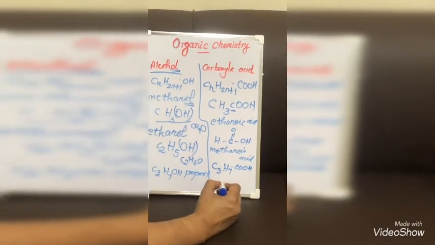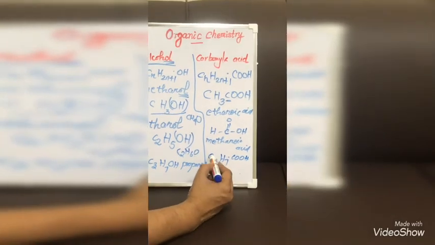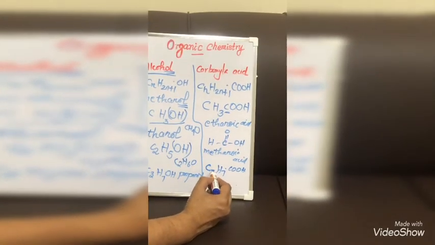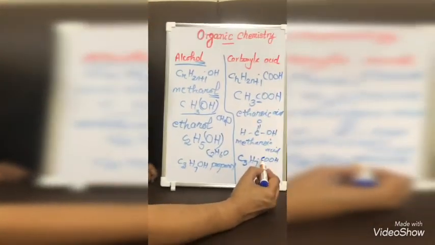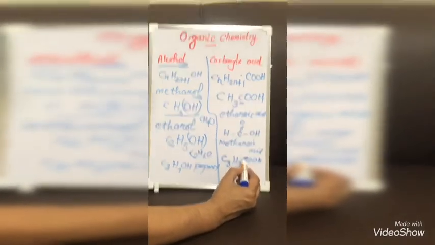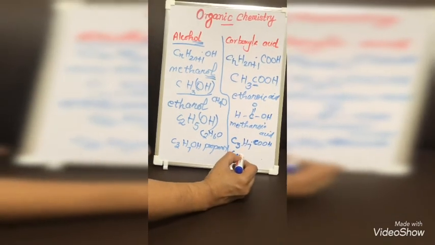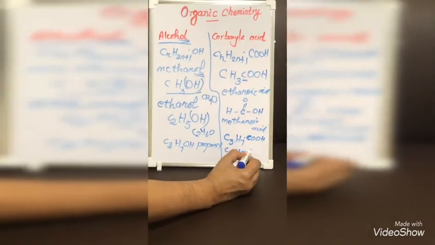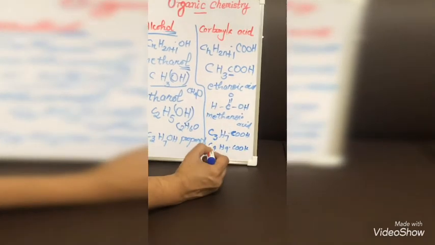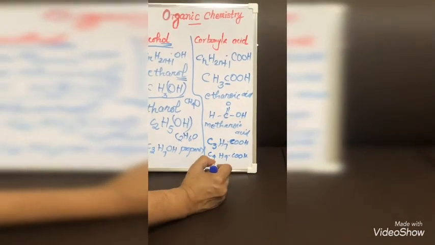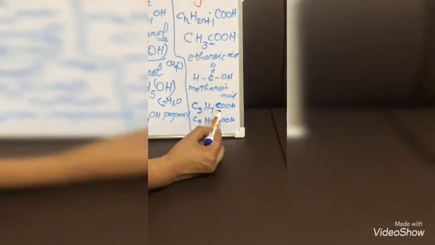So this would be C3, and C3 means already metha, etha, propa, and this will be butanoic acid, because I told you this carbon also needs to be counted. If it is C4, then H should be 9, COOH, and this would be pentanoic acid. The butanoic acid is named so because the C of the functional group also needs to be counted while naming.